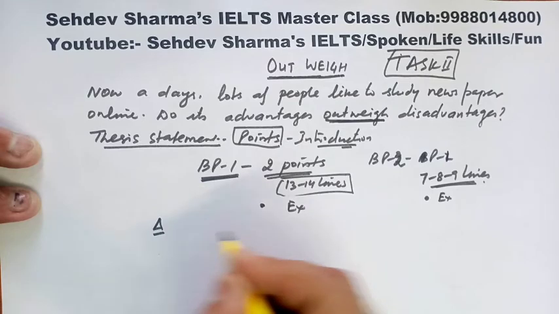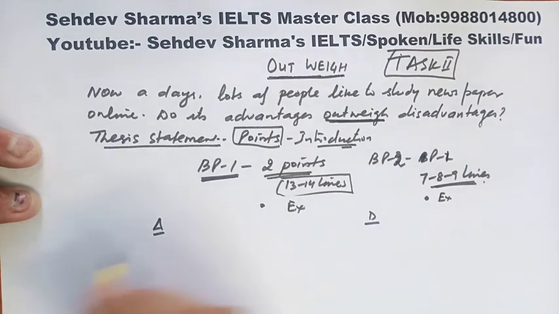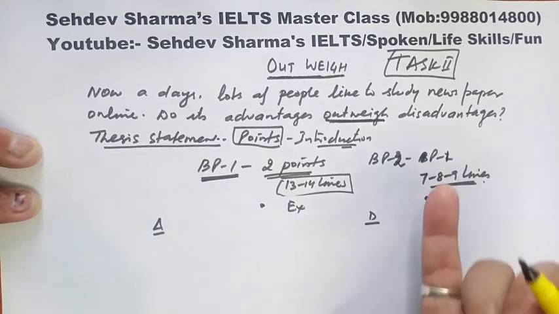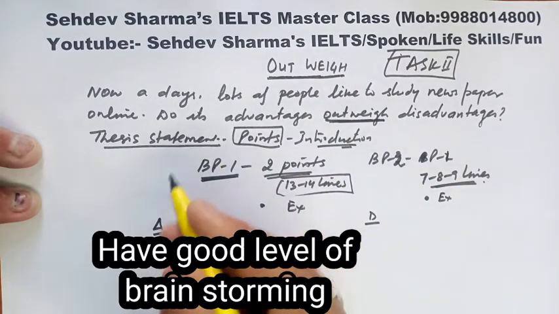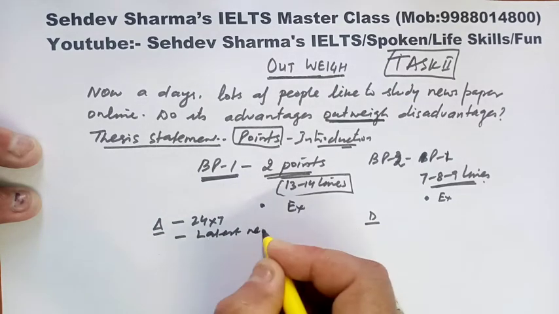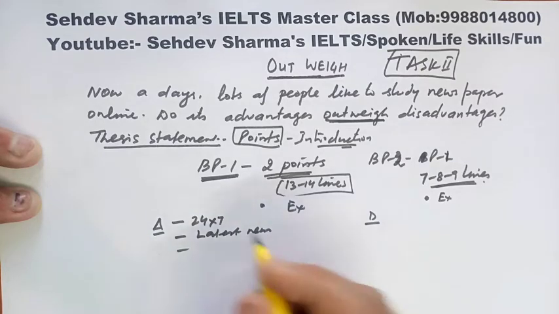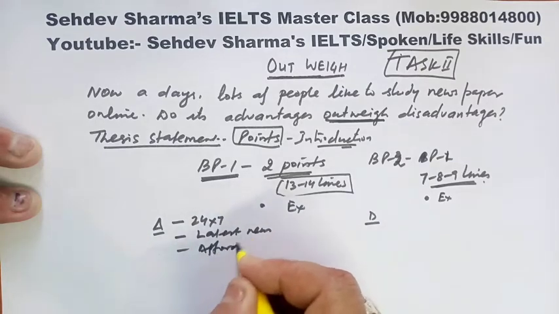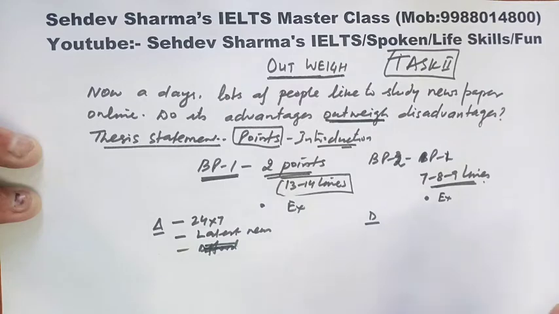If I talk about advantages and I will write a disadvantage, please listen, please think of 3 to 4 advantages or 3 to 4 disadvantages. Then we are going to decide how we are going to perform it. If I talk about online reading of newspaper, what are the advantages? For me, the advantages are 24/7 latest news and affordability.